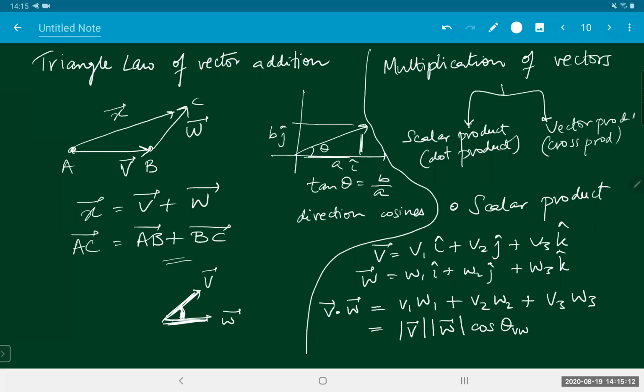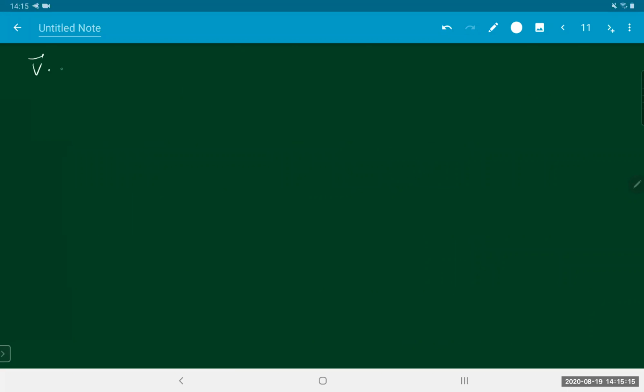So using this formula, can you tell me what will be the dot product between the unit vectors i and j? Remember that these are unit vectors, which means that their magnitude is 1. And because one is along the x-axis and one is along the y-axis, the angle between them is 90 degrees.